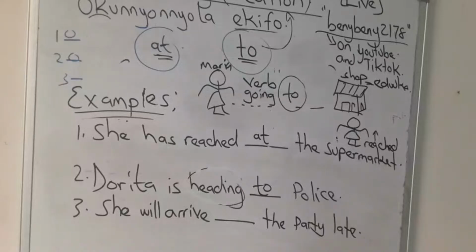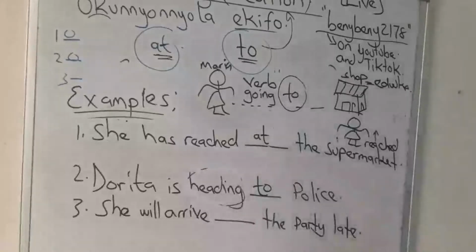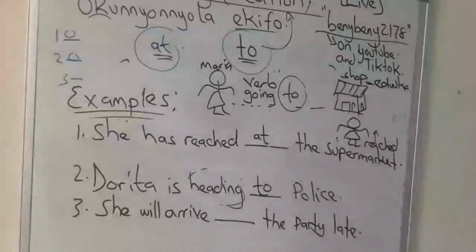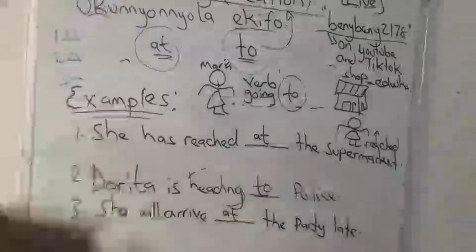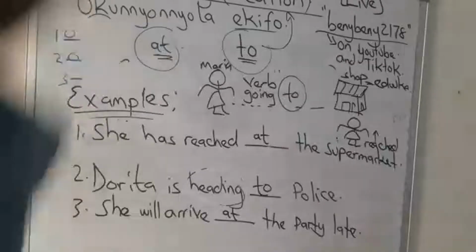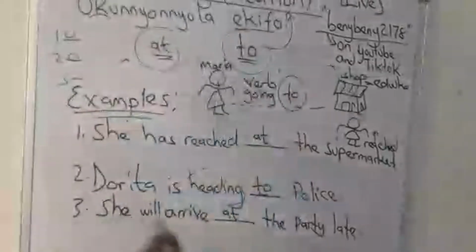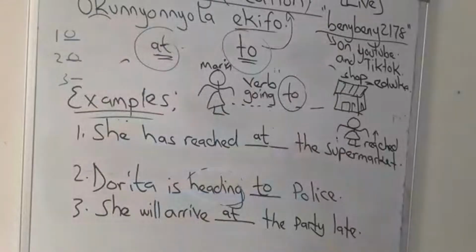Answer is, she will arrive dash party late. Good. She will arrive at. Beautiful. That will arrive at kubanga okutuuka ku kubanga already oba otuuse so ogenda kukozesa at. So she will arrive at the party late.